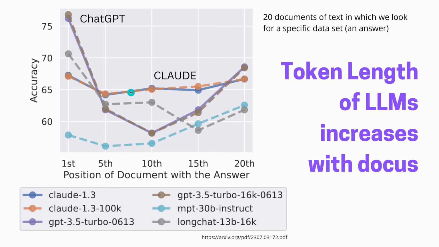Then it gets a little bit better, it levels out. And the only difference between the normal Claude and the Claude with 100K input token length is, I don't know, 1.5 percentage points in the 15th document. But otherwise, you see that those two models perform almost identical.